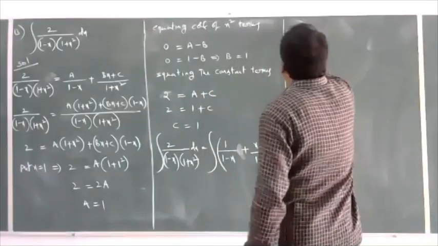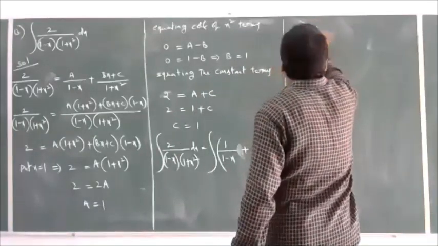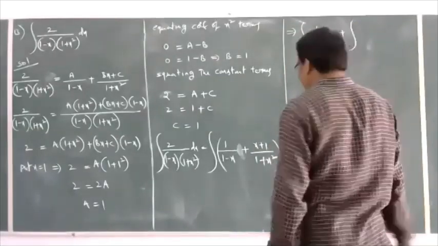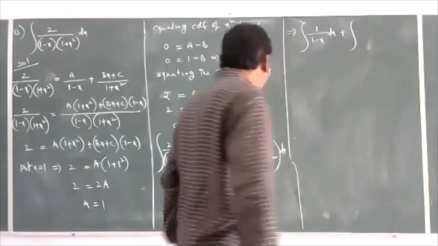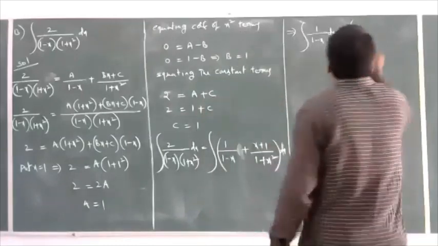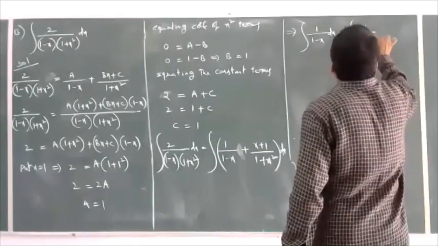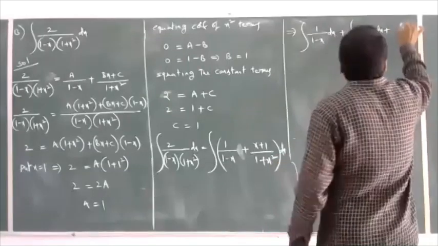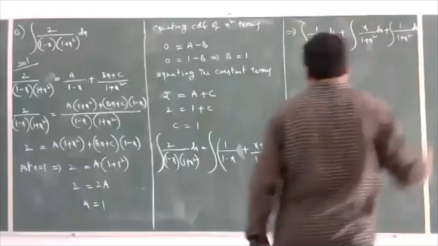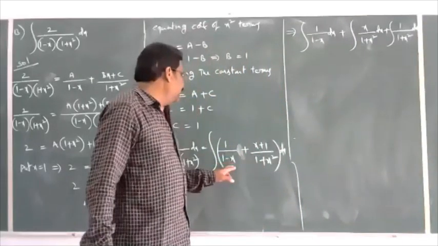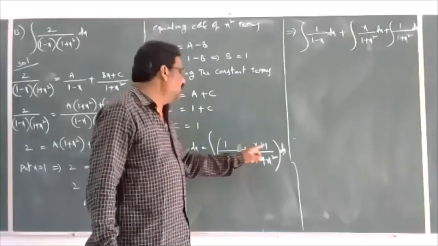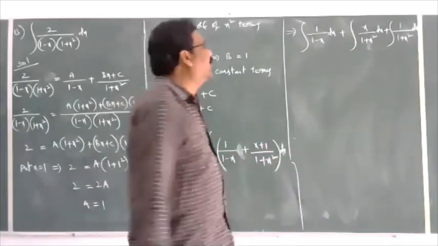Yes, split into two integrals: integral of 1 by (1 minus x) dx plus integral of (x plus 1) by (1 plus x square), which is again split into x by (1 plus x square) dx plus integral of 1 by (1 plus x square) dx. I think understood. 1 by (1 minus x) is one integral, x by (1 plus x square) is another integral, and 1 by (1 plus x square) is the third integral.